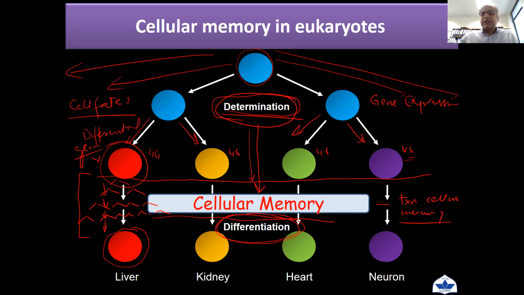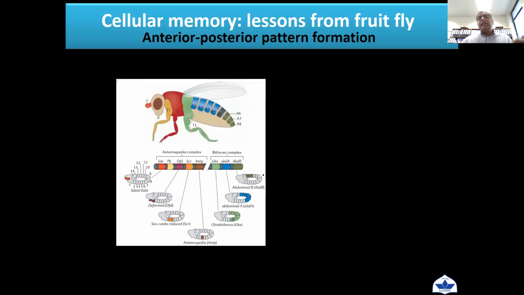is a gradual process. The process of cellular memory was discovered and is very well characterized in Drosophila melanogaster. This is the fruit fly, the famous model system we talked about earlier during our course, which was brought into labs by T.H. Morgan.